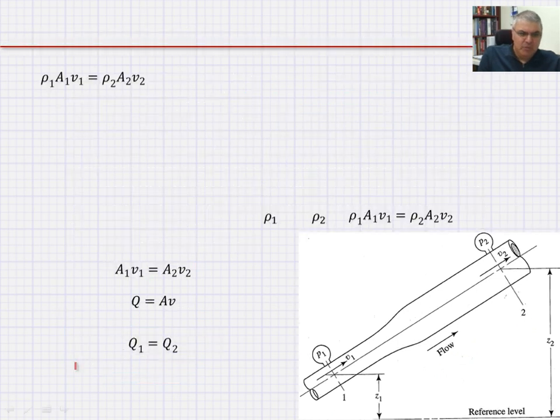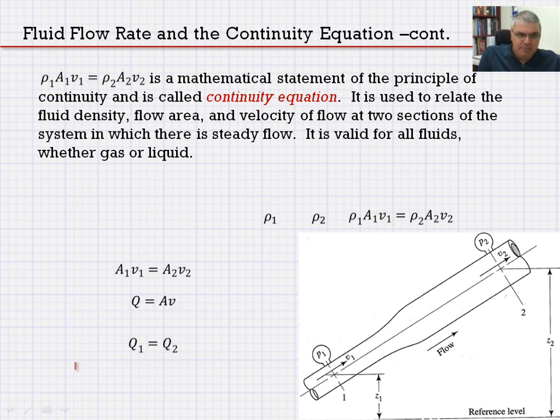Okay, let's continue. So if you have rho sub 1, A sub 1, V sub 1 equal to rho sub 2, A sub 2, V sub 2, this is a mathematical statement of the principle of continuity. This is called the continuity equation.